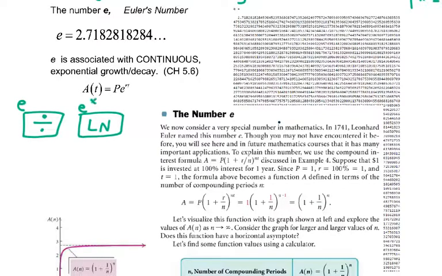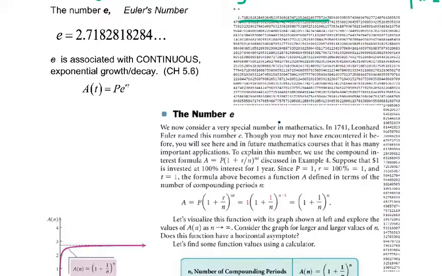There's an E to an X, and that's going to give you the option to plug a number into the exponent. Okay, so E is this irrational number. E is Euler's number. It goes on forever. And you can see here, this is a snippet of E to 1,000,000 digits in the background. The numbers keep going, just like pi.